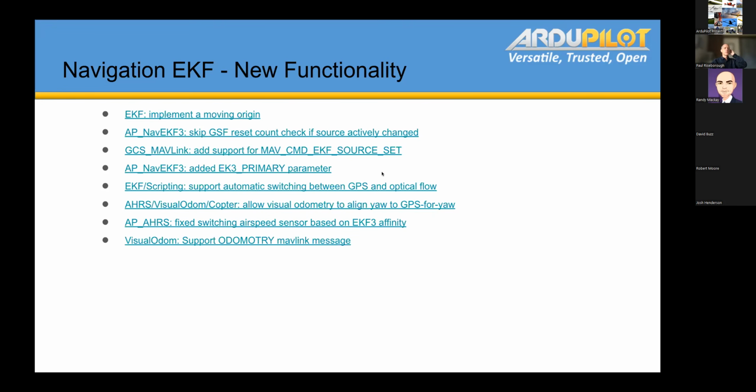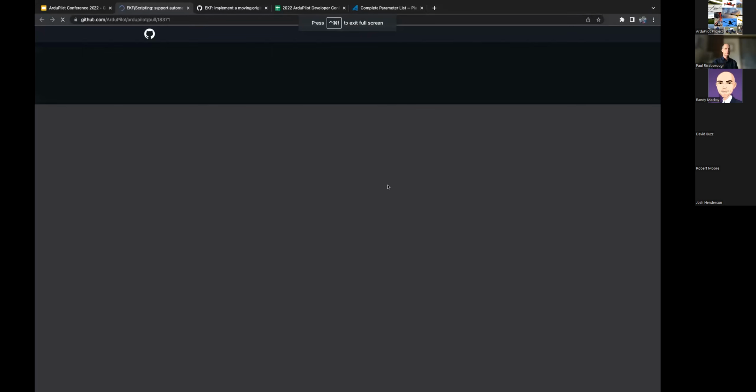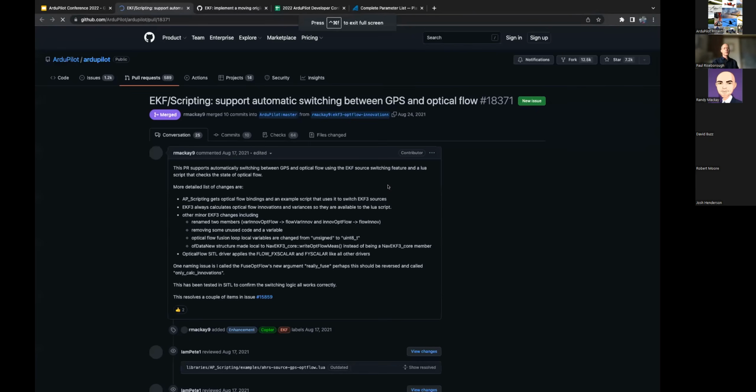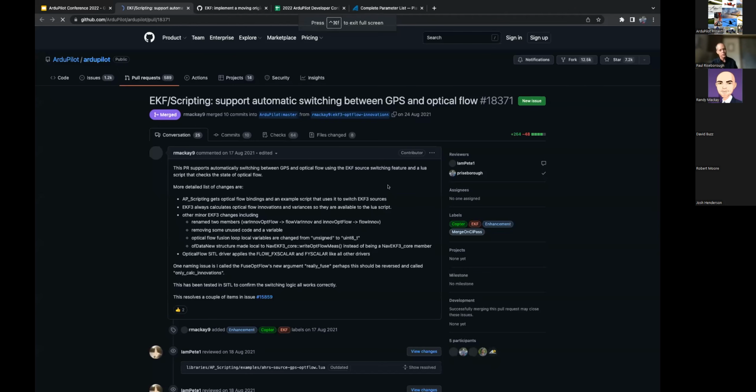We've also got improved support for switching in scripting between GPS and optical flow, which is this pull request. The reason that's important is because it's very hard to come up with a set of internal heuristics within the EKF that will know when you can stop using your GPS or your optical flow, because it depends very much on hardware and the mode of operation of the vehicle.